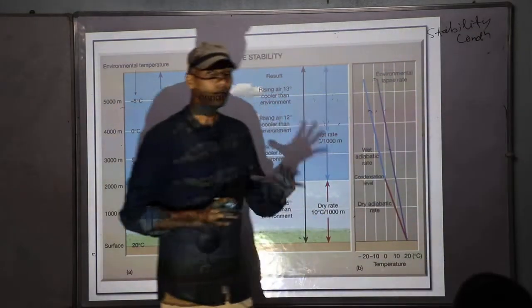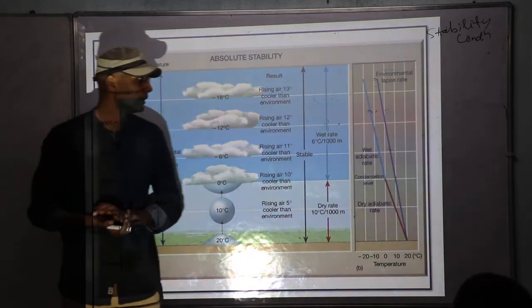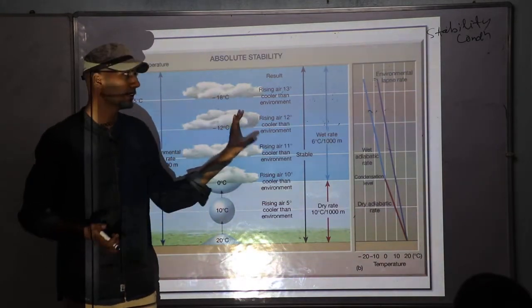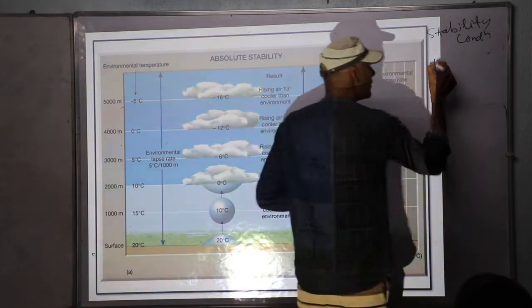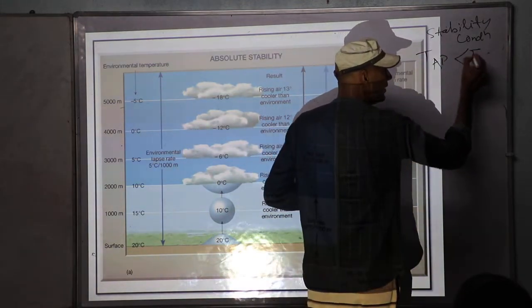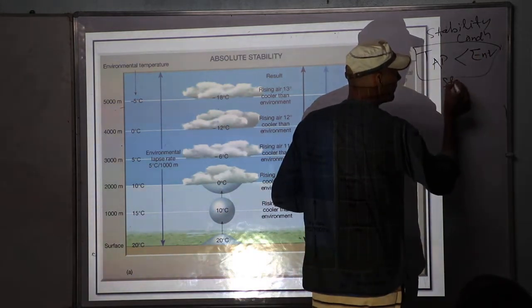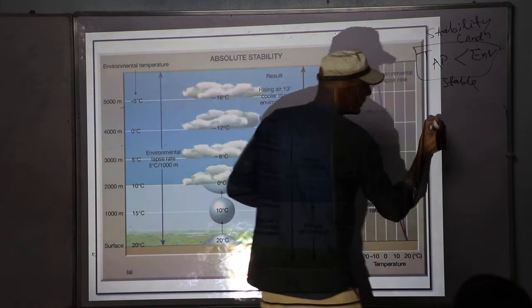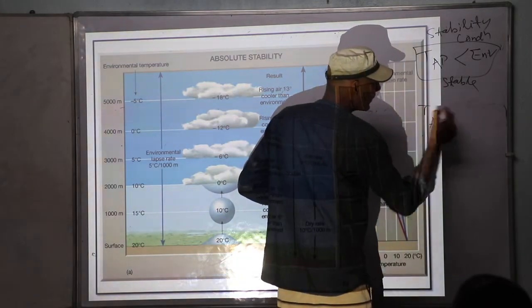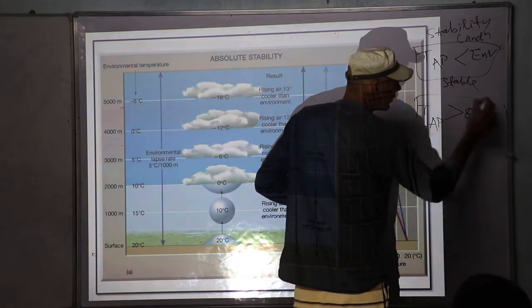See, as I have told you, air parcel is a thermodynamic system, a closed thermodynamic system, and the surrounding is its environment. When the air parcel has temperature less than the surrounding, then the air parcel is stable. When the air parcel has temperature greater than the surrounding or environment, then that will become unstable.